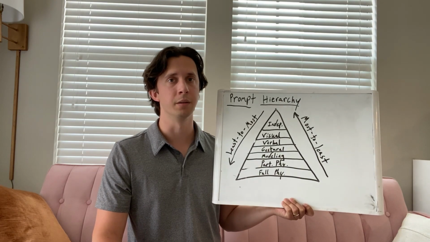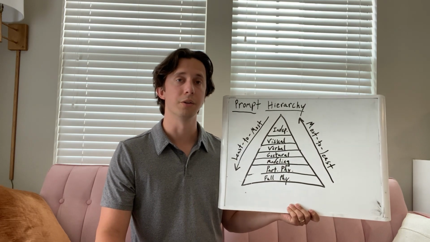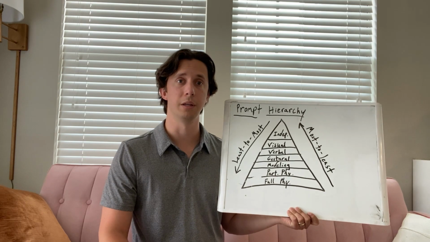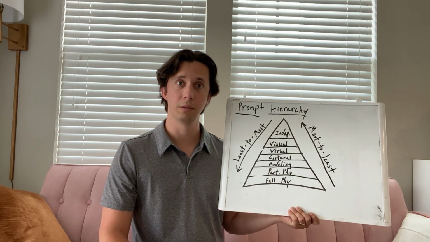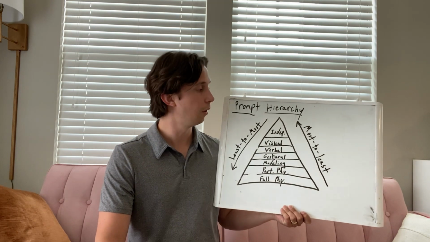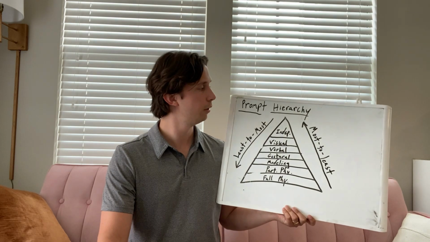Most to least prompting. In the prompt hierarchy, there are different directions that you can use to teach a client a new skill. Those two strategies are most to least prompting and least to most.